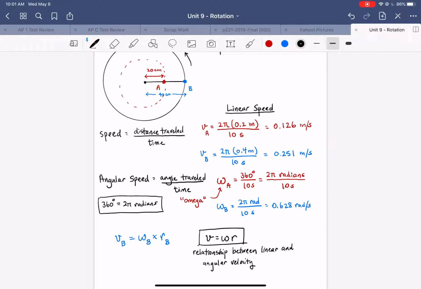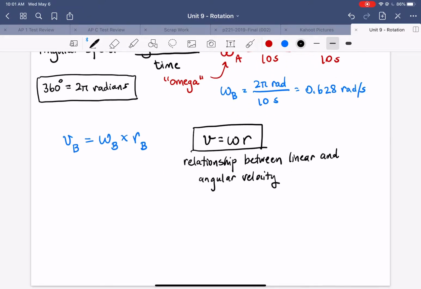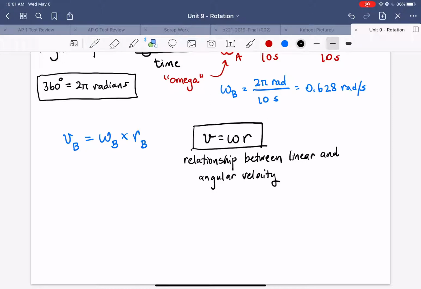So one last thing before I end this video, let me just talk a little bit more about this notion of a radian, in case anybody is curious about where this comes from. So you may have learned, if you've seen this in your math class, that the number of radians in a full circle is 2 pi, but why is it 2 pi?